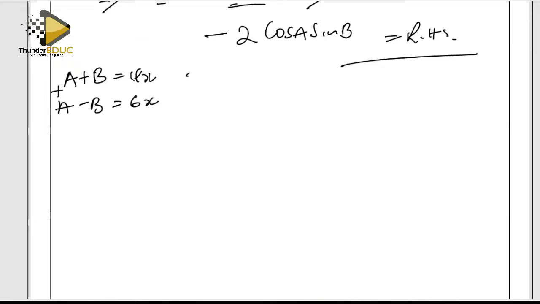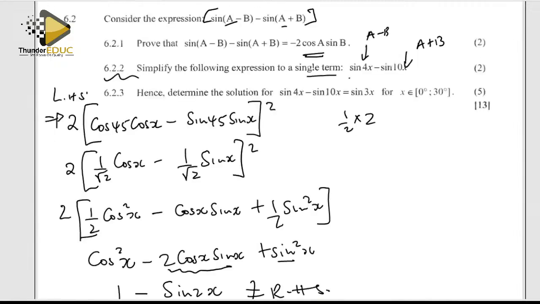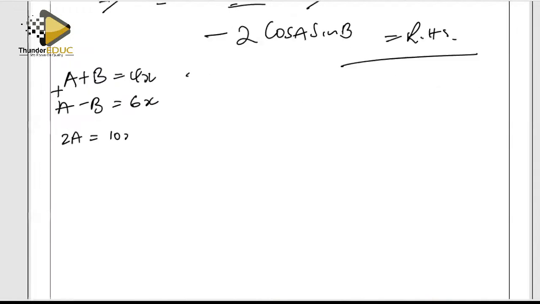If I add these two equations, meaning that twice a is, are those numbers correct? We said 4 and 10. Why am I saying 6? At the 2, we have 14x, which means that a is going to be 7x. And then b is definitely going to be 3x.